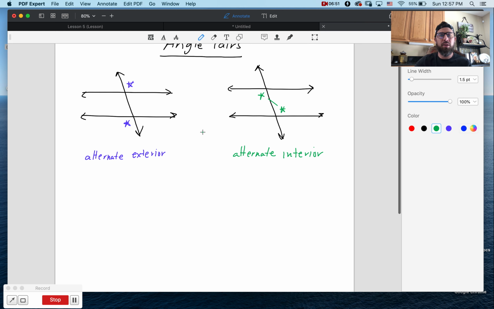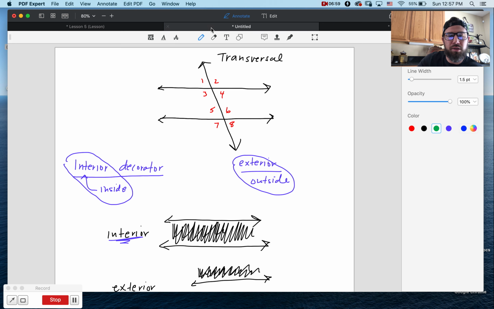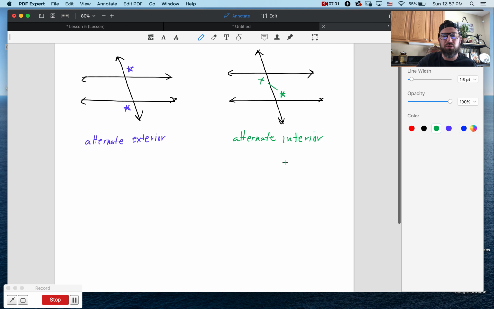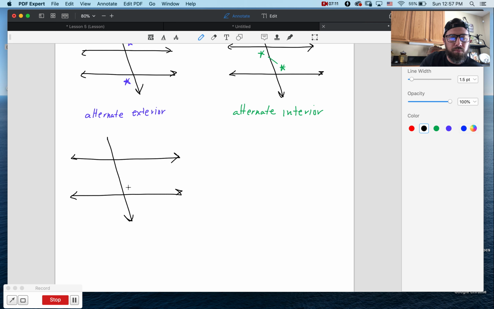Now what other angle pairs do we have? Let me see. I did the alternate exterior, I did the alternate interior. Corresponding. These ones are really tough. Corresponding angles are the toughest ones, in my opinion. I'm going to put one right here and one right here.